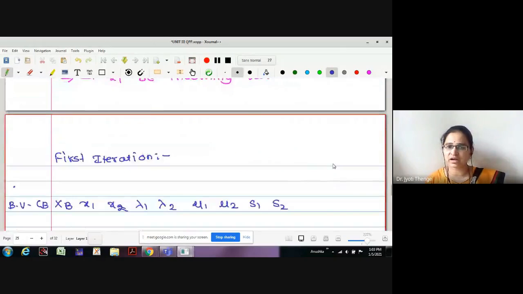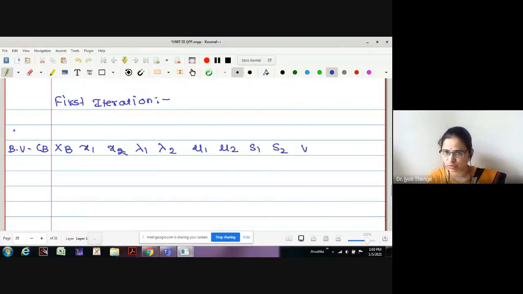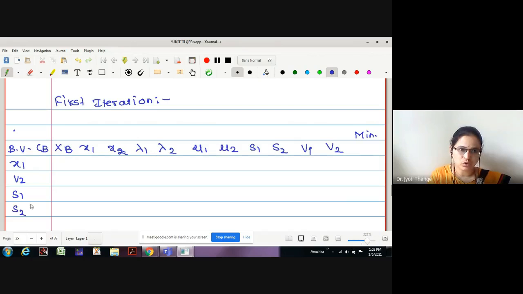Therefore, here I can write simply V2. If you write V1, there is no problem. Which are the basic variables? Instead of V1, now we have x1, V2, S1, S2. Cost will be now 0, -1, 0, 0.